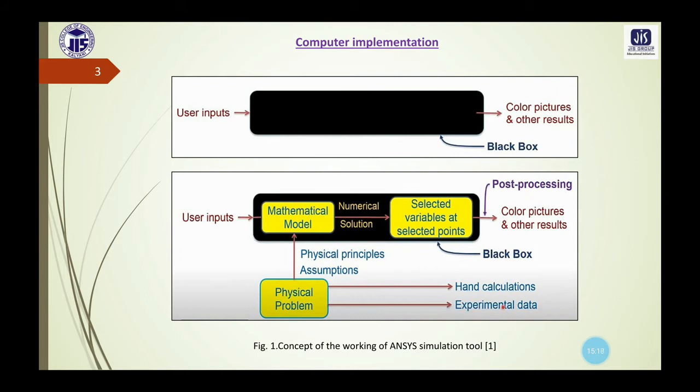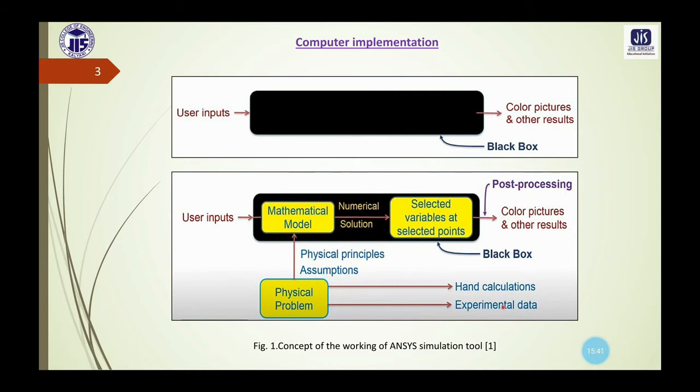So here you can see one numerical solution is written. Then the simulation tool will solve the problem numerically, and after that at some selected variables and at some selected points the results will be achieved.